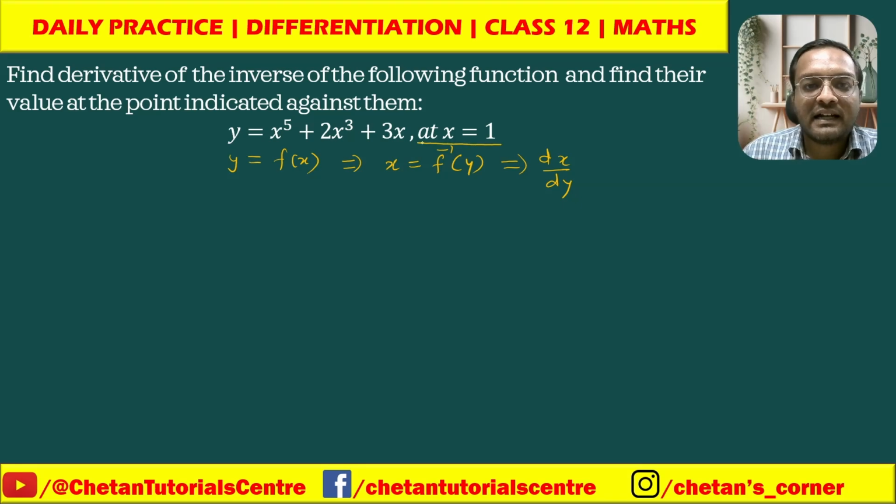So the point indicated against this function is x is equal to 1. So after finding dx by dy, we have to substitute the value of x is equal to 1 and find the value of dx by dy at x is equal to 1, which is the point indicated against this function. To solve this, let me show you.